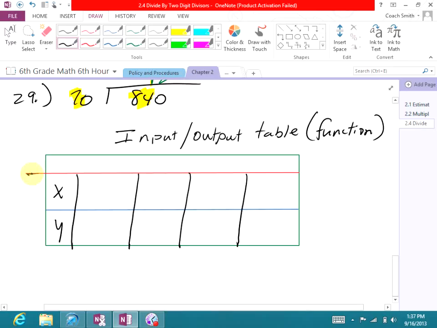All right. Now, in the box, they have this rule. Okay, they have the rule y equals x divided by 33.